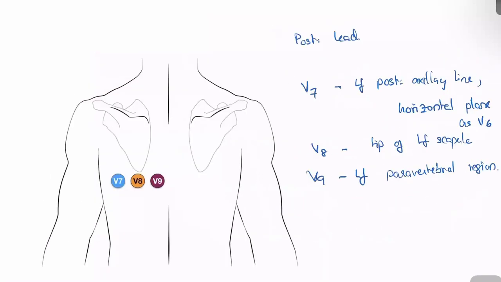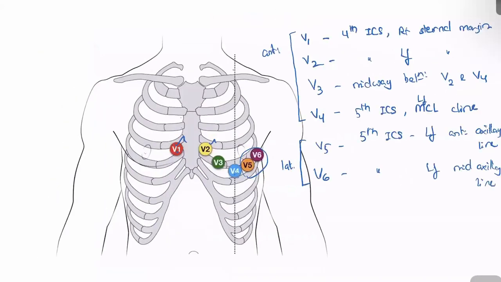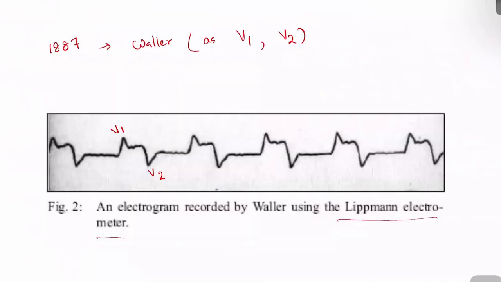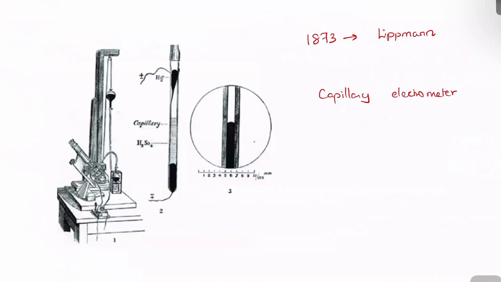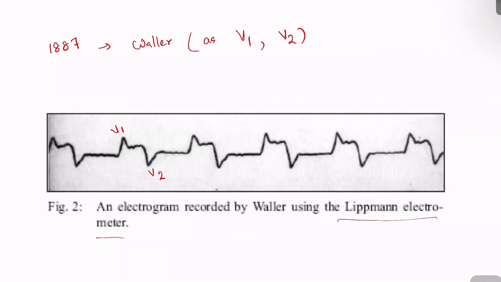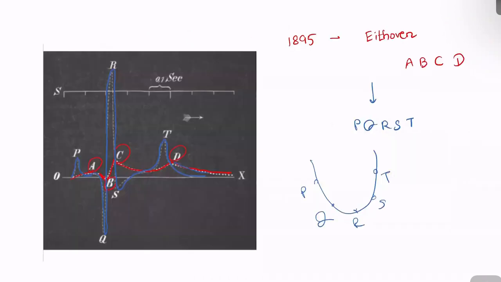Today I discussed the background of ECG. It started from the discovery of the capillary electrometer by Lippmann, and with the use of the capillary electrometer, Waller recorded V1 and V2, and then Einthoven found out that there are more waves like ABCD, and after that he named them the 5 waves PQRST.